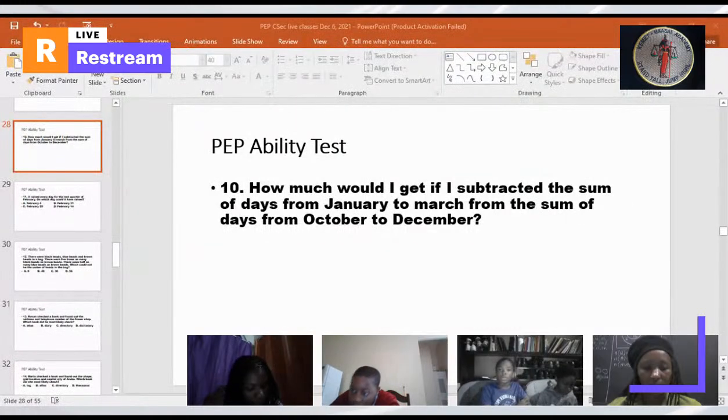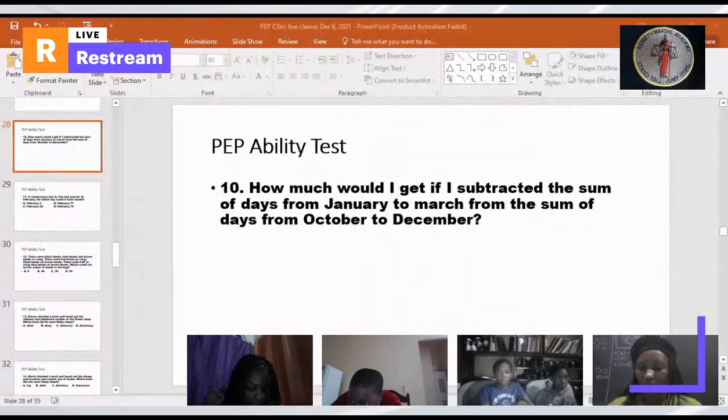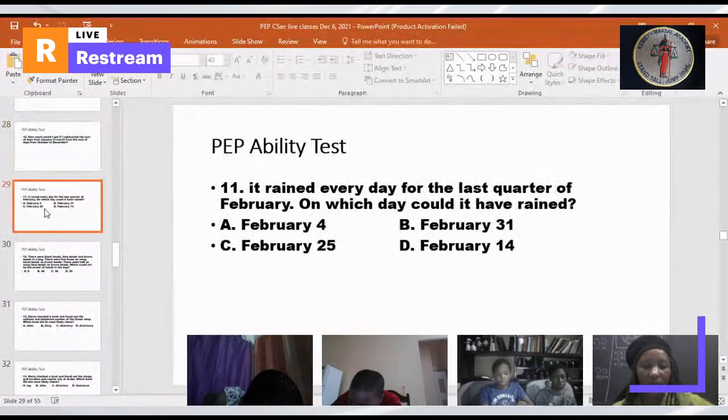Then October has 31 days, November has 30 days, and December has 31 days. You get 92 when you add that. So 92 take away 90 is 2. Correct. So it asks you to subtract the sum of the sets.